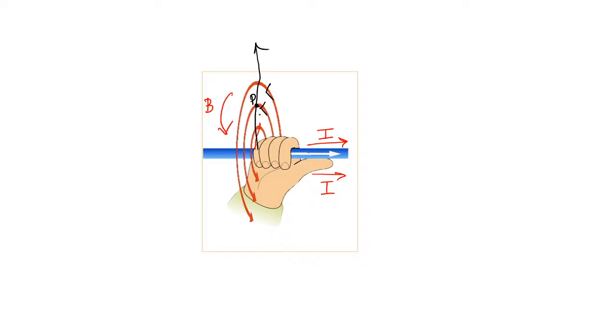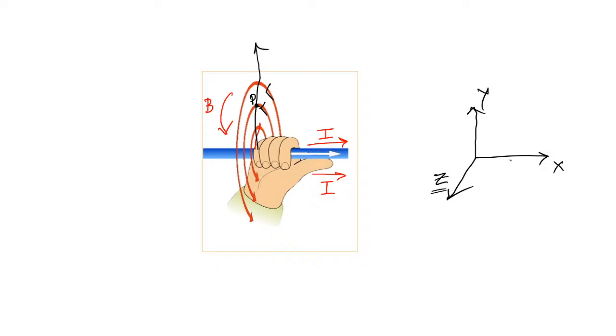Towards you. If it is our x-axis, it is our y-axis, then the axis coming towards you, think of the three-dimensional view, the axis coming towards you is the direction of magnetic field, right? That is along positive z direction.